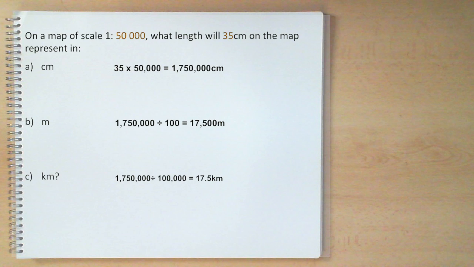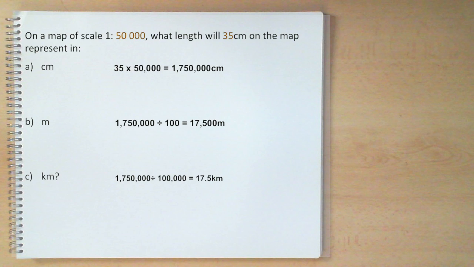So we're going to divide our 17,500 by 1,000 to get 17.5 kilometres. As you can see there, we could also have done that directly from the first answer. We could have done 1,750,000 divided by 100,000 because there are 100,000 centimetres in 1 kilometre. Either way gets the right answer.